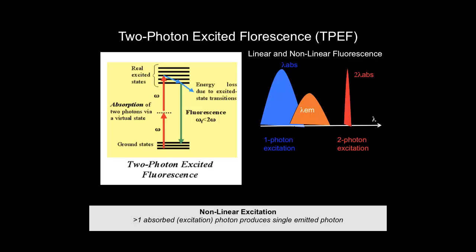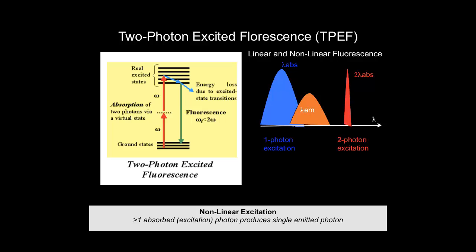Actually, you can excite with two different wavelengths. That's called non-degenerate fluorescence. You can do that. But usually, when I was talking about two-photon excited fluorescence, that implies that it's a degenerate process. It implies that the wavelengths of the two photons are the same. We usually use one beam.